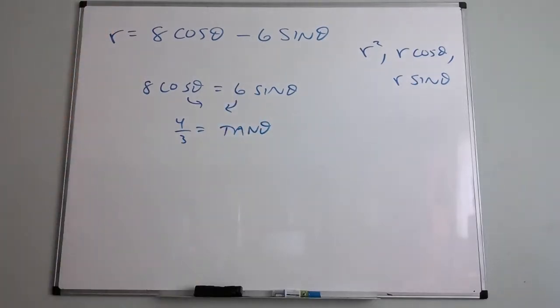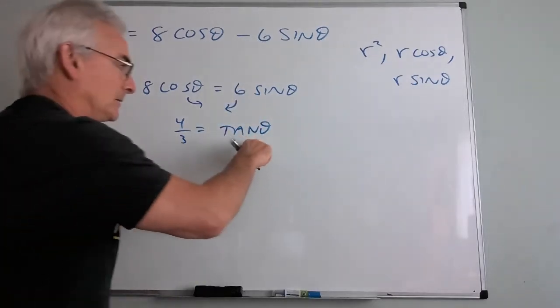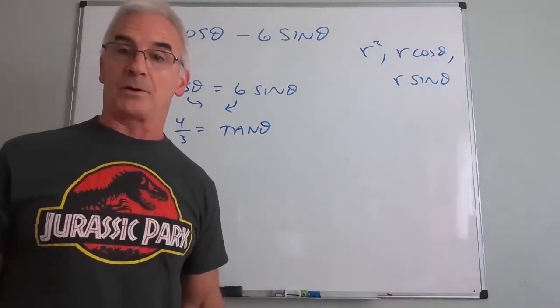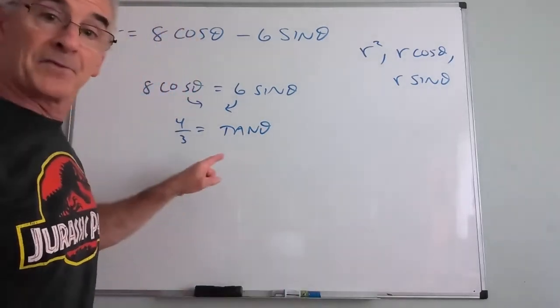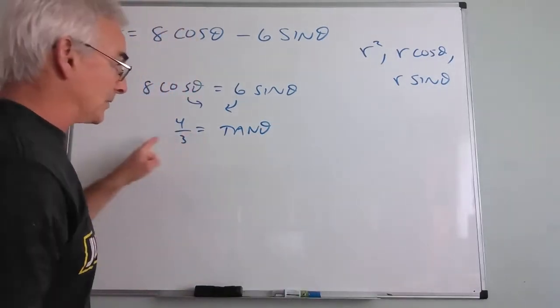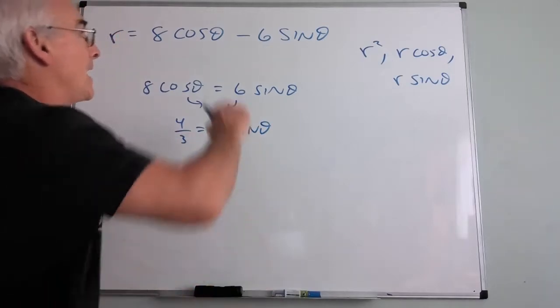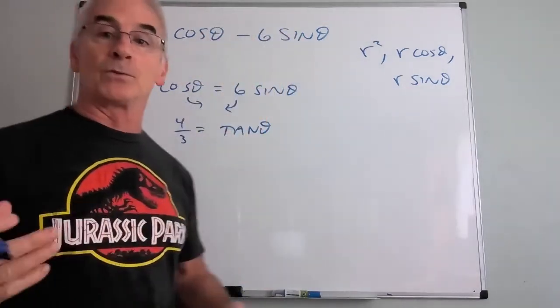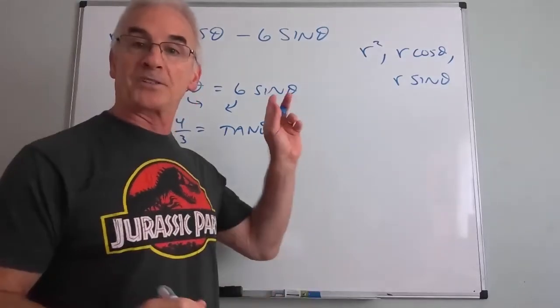Oh, so if 4/3 equals the tangent of theta, which is definitely okay, it's going to happen when theta is the inverse tangent of 4/3. Oh, okay. There is definitely at least one angle that would make this true, meaning there is an angle out there where this quantity is 0, meaning r equals 0 is already a possibility.